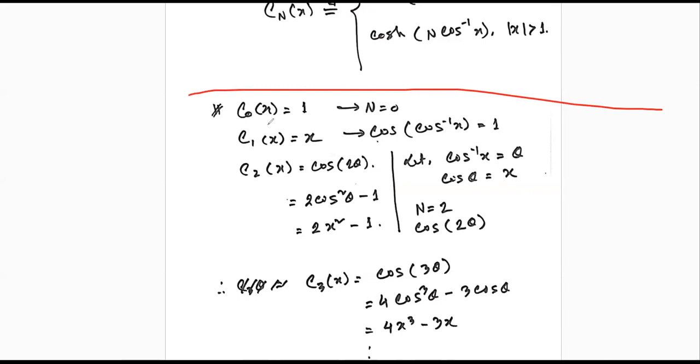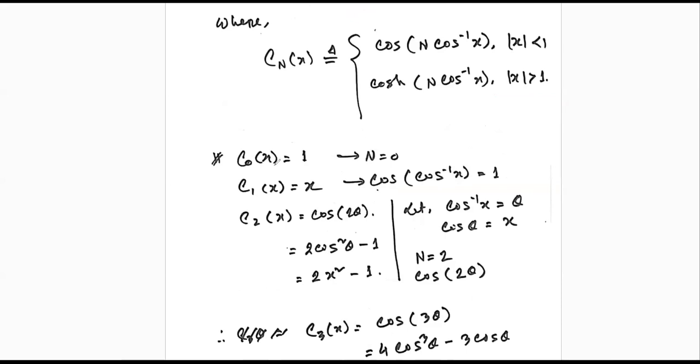Let's say C0x. Need to concentrate more here. C0 means n equals 0. For which part are we talking about? We are talking about the portion where omega is less than omega p. That means we are talking about only the pass band, because our ripple belongs to the pass band.